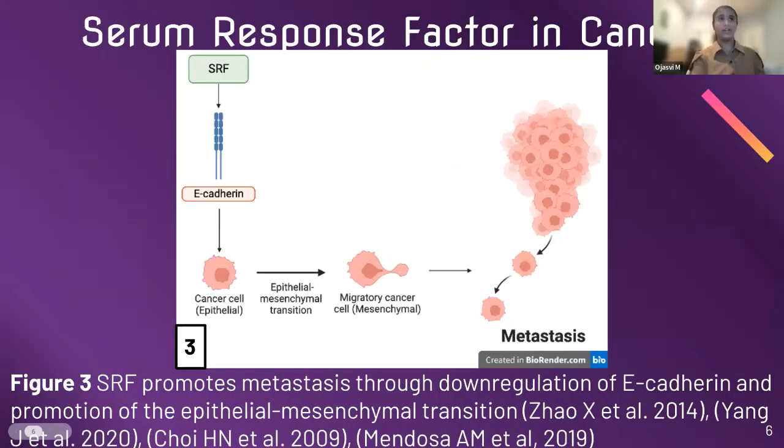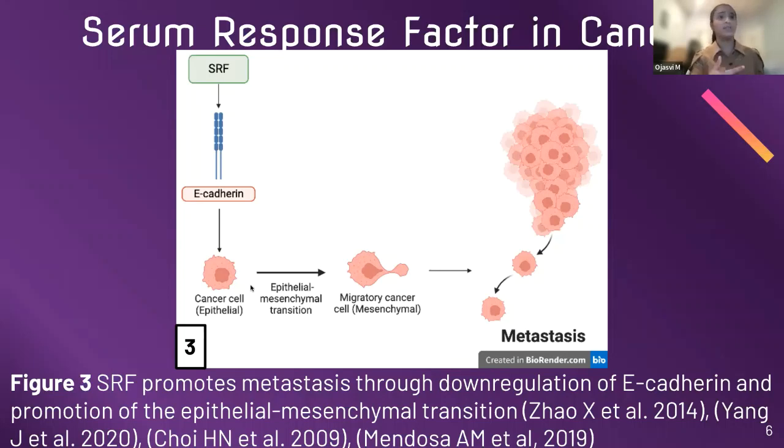Based on the fact that it impacts survival and cell motility, we chose to hone in on how SRF can impact cancer. As shown in this figure, SRF has been shown to downregulate E-cadherin, which leads to the epithelial-mesenchymal transition, which leads to metastasis.